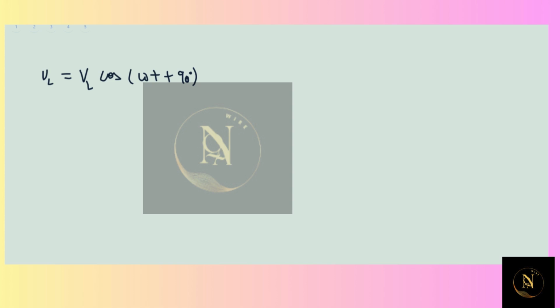So we have I XL cos omega t plus 90. Putting all these values here, this comes out to minus 3.13 volt. So we are done with part C.